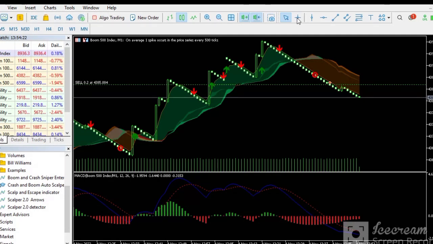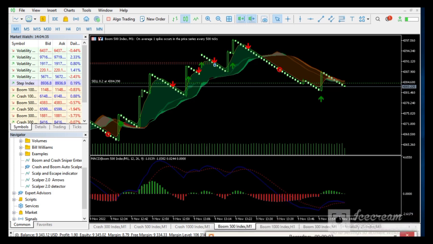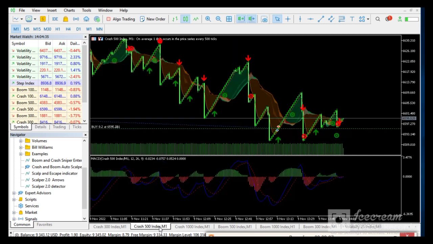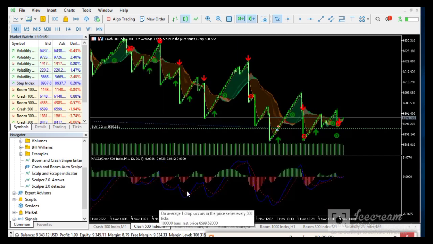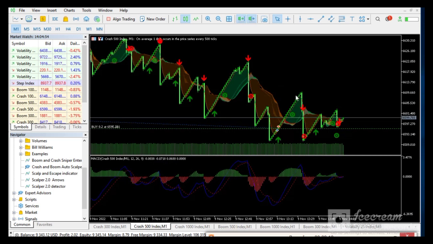You have no reason to be afraid of loss, because you are going to recover everything if you got caught by a spike. That is how simple and easy it can be. You see there was a spike on that Boom 500, but we kept on holding our trade because we don't want to end in loss.